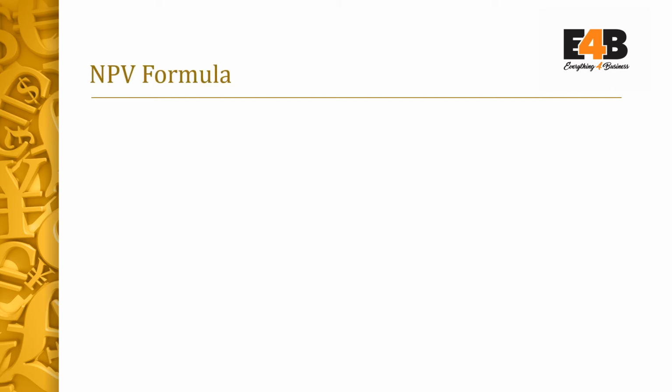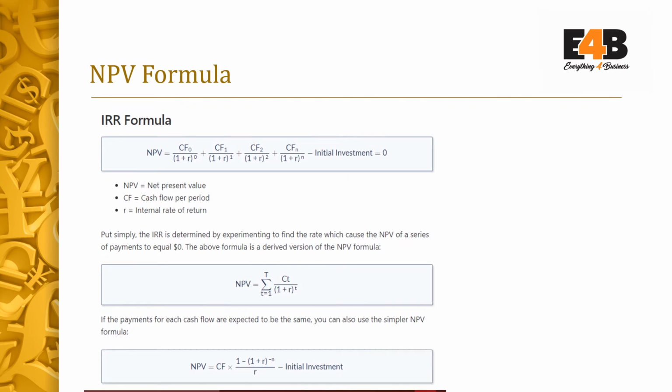So the NPV formula will use IRR, internal rate of return. This is the IRR general formula. NPV is net present value. This is present value of future cash flow from year 1. This is present value of future cash flow from year 2 and year 3 and so on, minus initial investment.